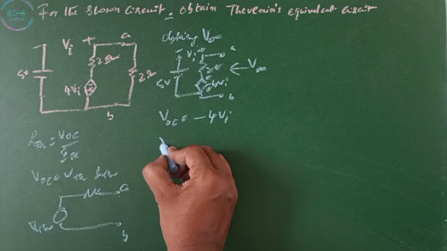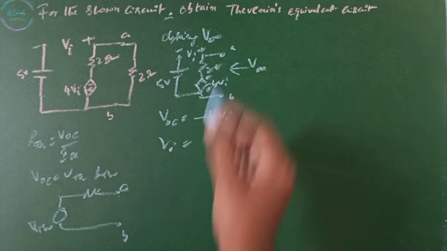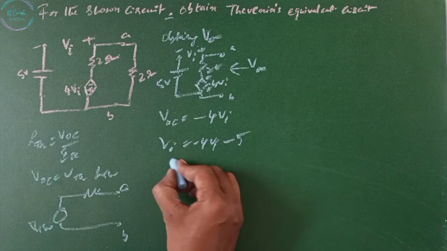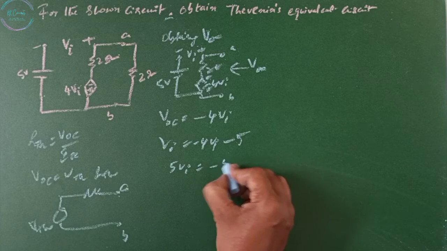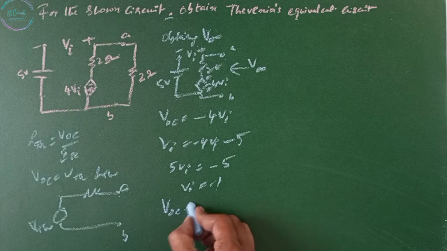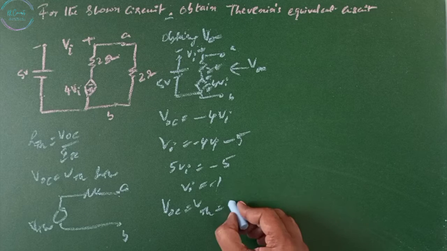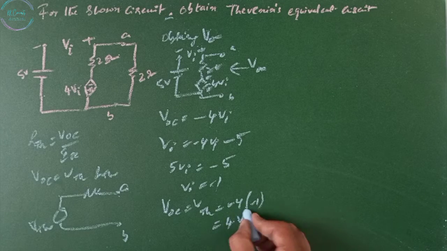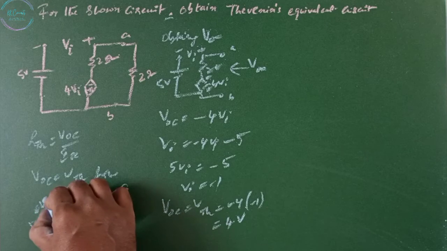Where VI, in this loop, equals minus 4 VI minus 5 volts, 5 VI minus 5 VI equals minus 1. Then VOC or VTH equals minus 4 of minus 1, that equals 4 volts. VTH equals 4 volts.